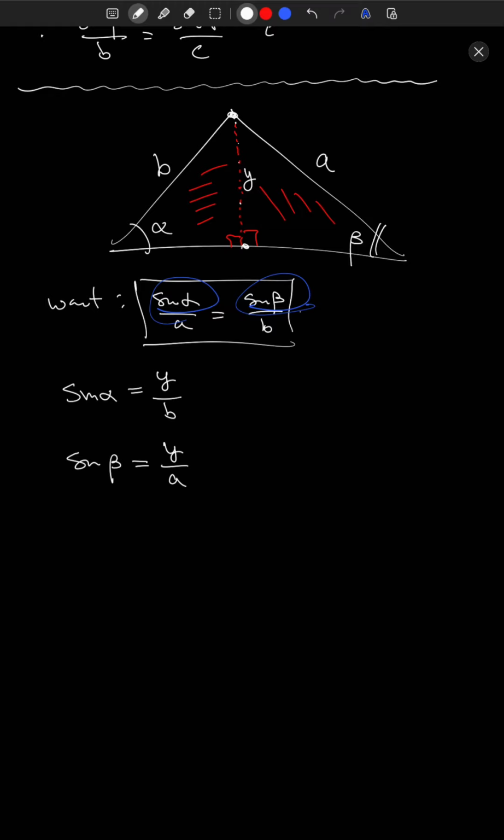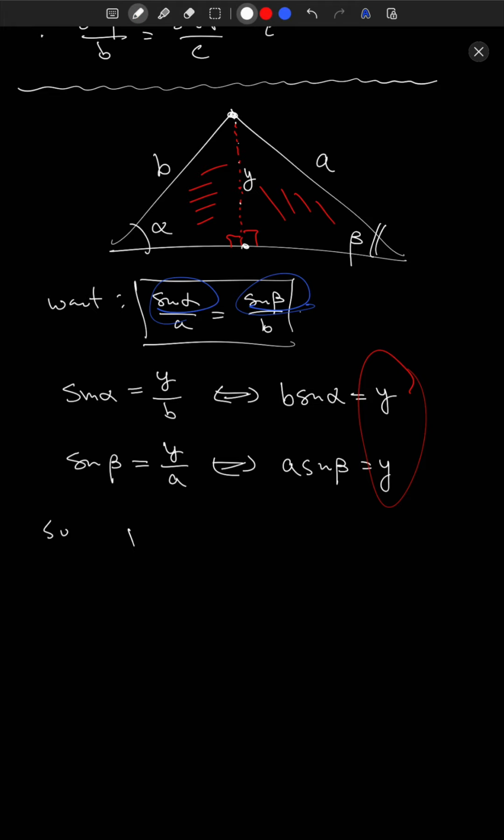Okay. Now I'm just going to put these two together. The first one, I'm going to rewrite as b sine of alpha is equal to y. The second one, I'm going to rewrite as a sine of beta equals y. And so both of these are equal to y, and so both are equal to each other. So b sine of alpha is equal to a sine of beta.